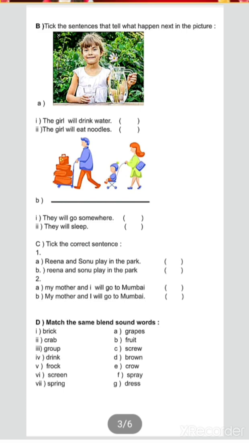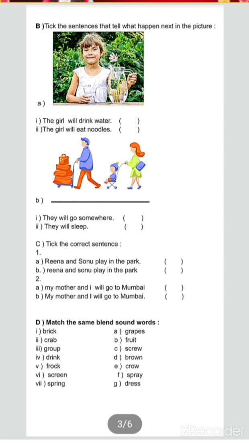Next is the C part. Tick the correct sentence. Here some sentences are given. You have to choose the correct sentence. The first sentence: Reena and Sonu play in the park. Again in the B part, it is written: Reena and Sonu play in the park. But there is a mistake in one of the sentences.